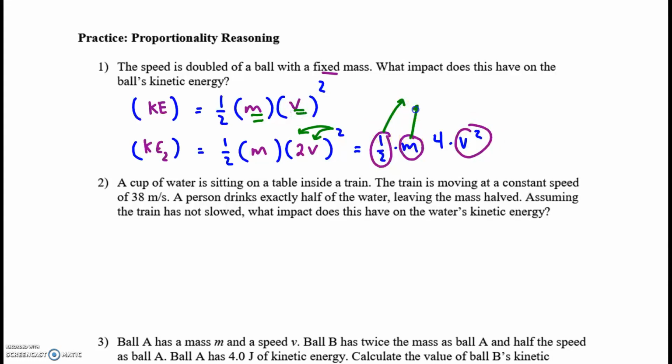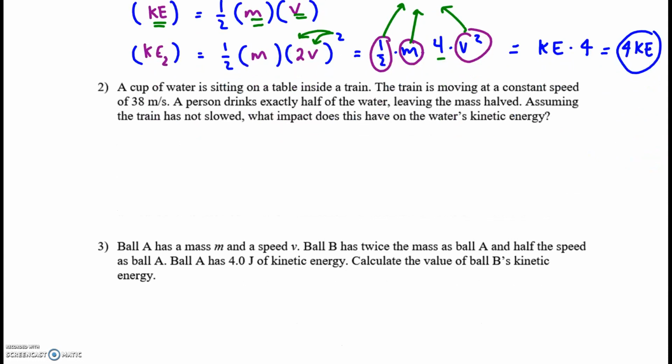That all together makes the original KE. So I can remove those three things and substitute using just KE. And what remains? This 4. So the new answer is 4 KE. That's what happens to the kinetic energy. It gets multiplied by 4.